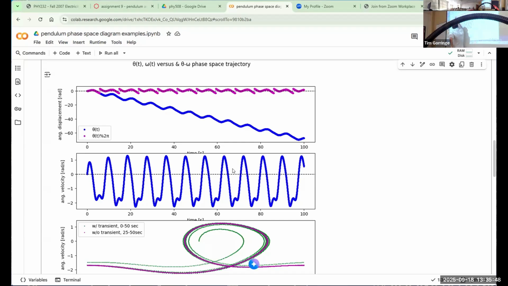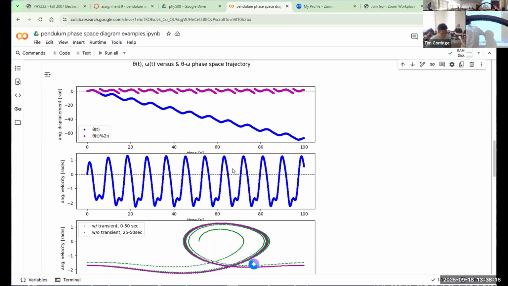And in my case, I'm going in the negative direction for theta. The loops go from minus pi back to pi. And so we loop the loop about 10 times in this situation here, and we can see it clearly in that plot.